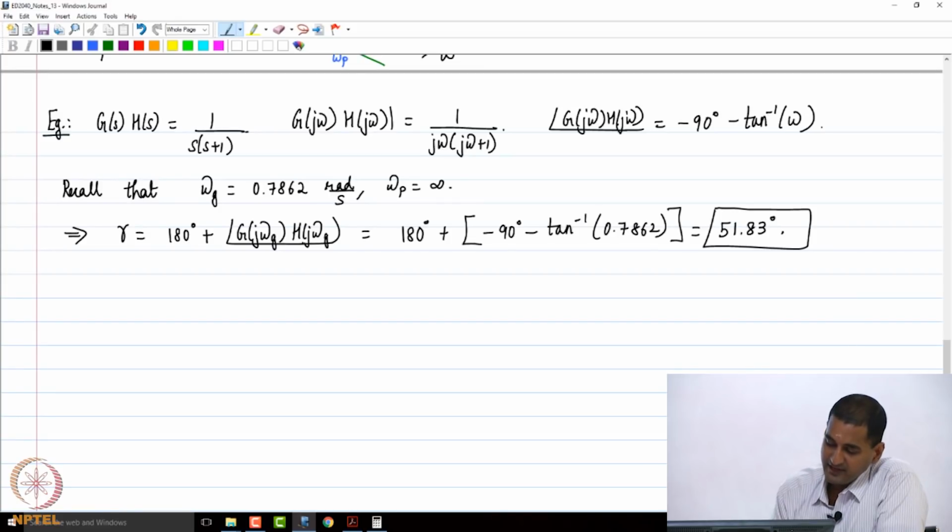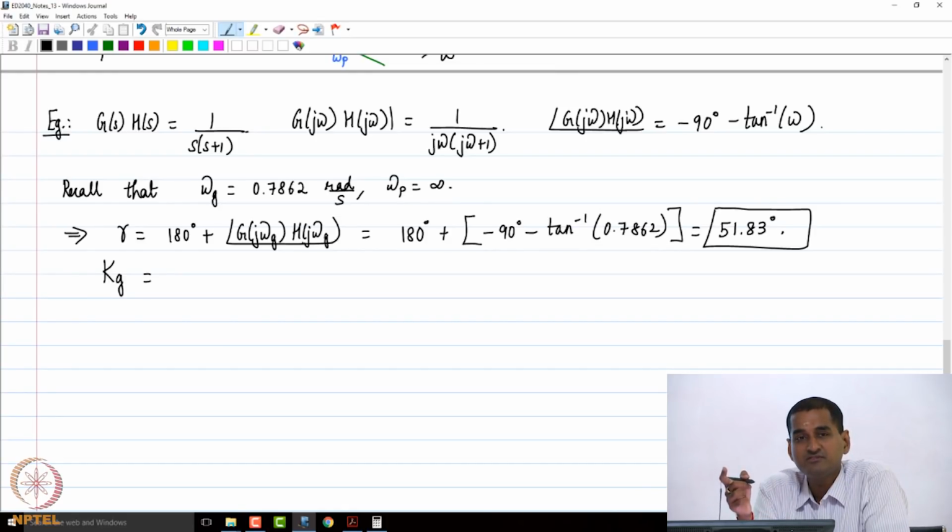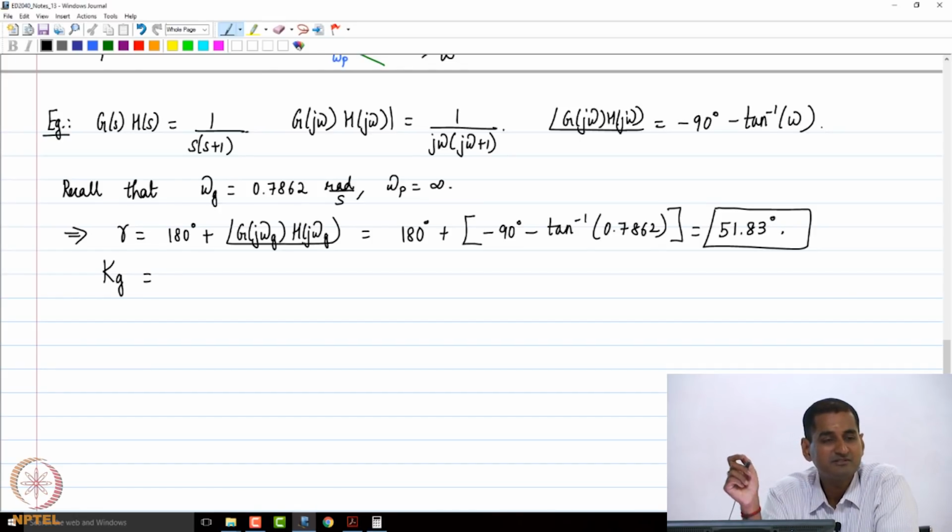So, what about the gain margin? Gain margin is the negative of the gain of the open loop transfer function at omega equals omega p, if you measure in decibels. Now, as frequency tends to infinity, what do you think will happen to the magnitude plot of this particular transfer function?